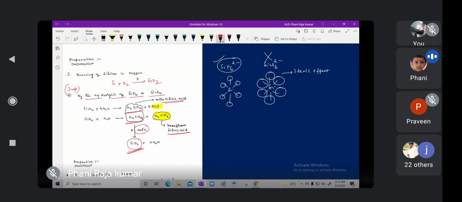This means, important in this method, particularly the reactions: SiCl4 on hydrolysis gives H4SiO4 plus HCl, whereas SiF4 on hydrolysis gives H4SiO4 and H2SiF6. Whereas H2SiCl6 does not exist due to steric factor.